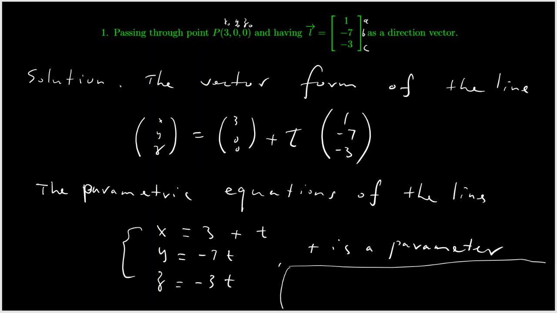If we set t value of 0, it will determine a point. T value of 0 will give you x value of 3, y value of negative 7, and z value of negative 3, right? You plug t value of 0 into the three equations.